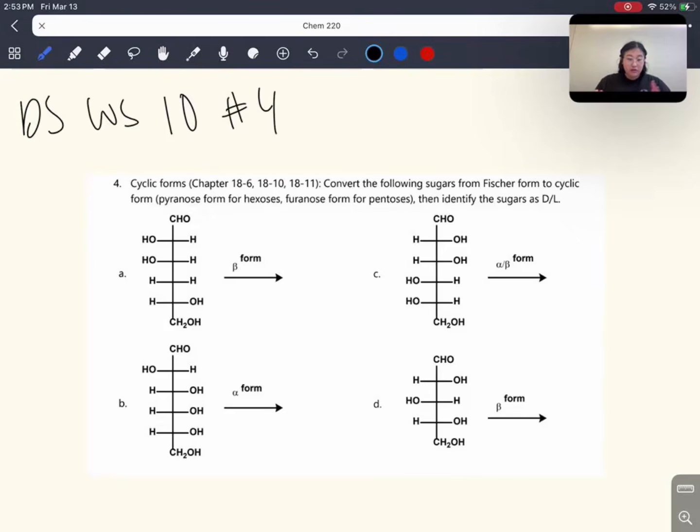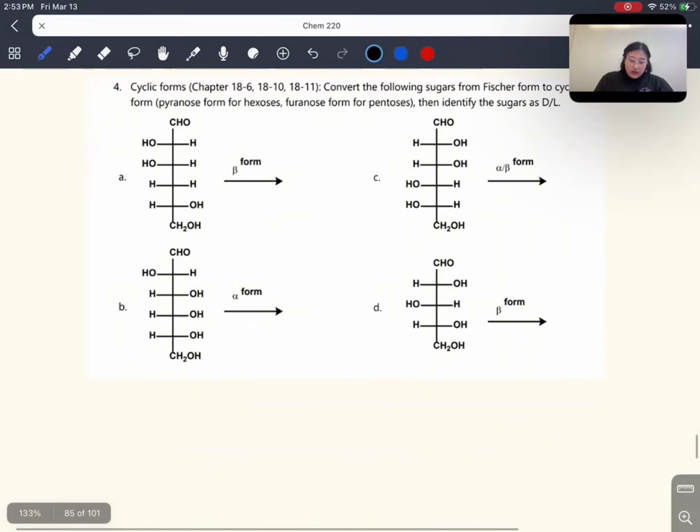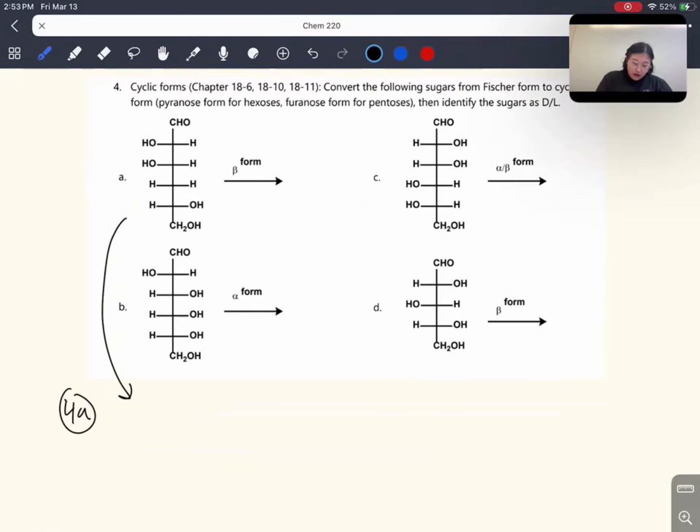And so to understand why the shortcut way works, I'm going to show the long method first, like how the reaction mechanism actually works. And I'm going to use 4A as the example here to show you the long way how to do this.